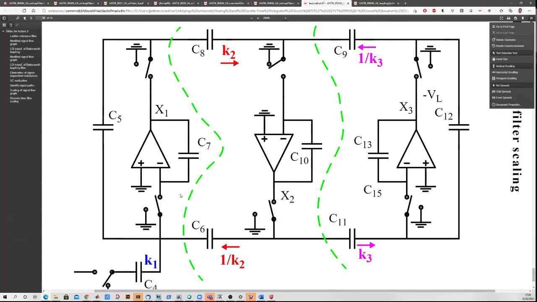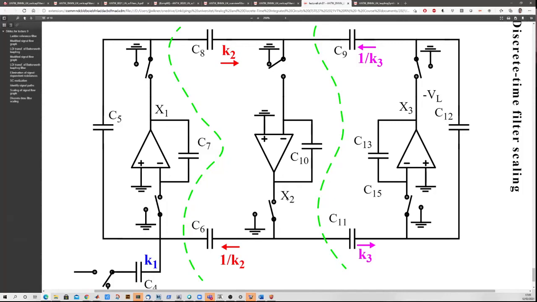So that's a simple way of doing it, or it can quite easily be understood. So I scale up with a factor K2 and then I scale down with a factor K2, whatever's coming back. So then I can scale up to a certain proper limit so I don't clip X2, or vice versa.